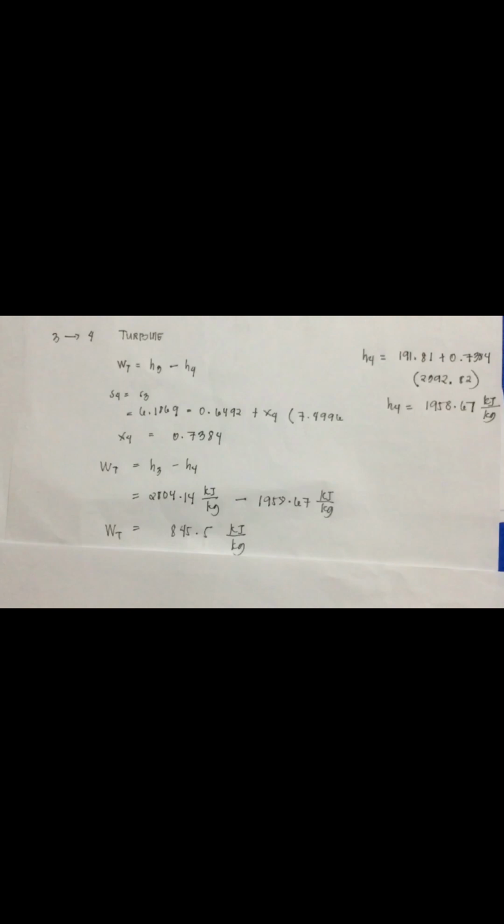So we have all the values. We can now solve the work of the turbine. We have H3, which is 2804.14 kilojoules per kilogram, minus our H4, which is 1958.67 kilojoules per kilogram, and our work in turbine is equal to 845.5 kilojoules per kilogram.